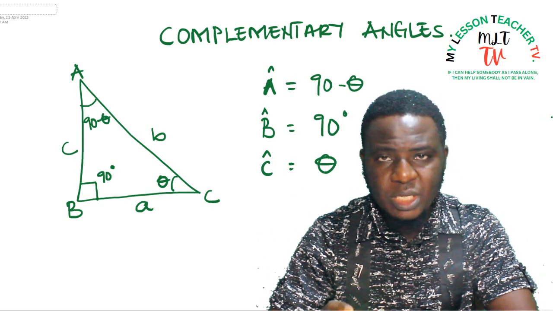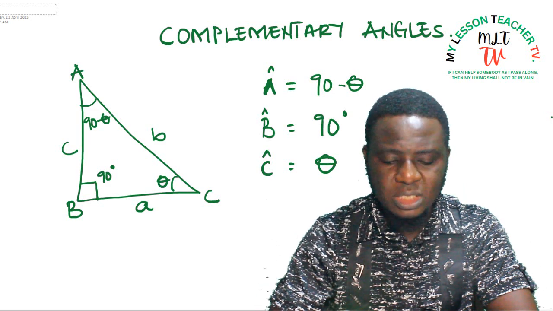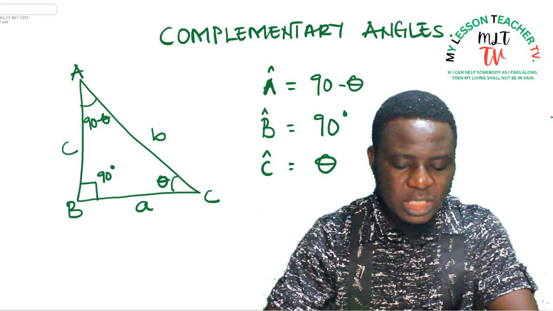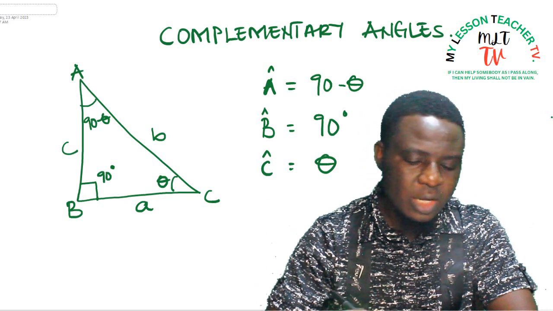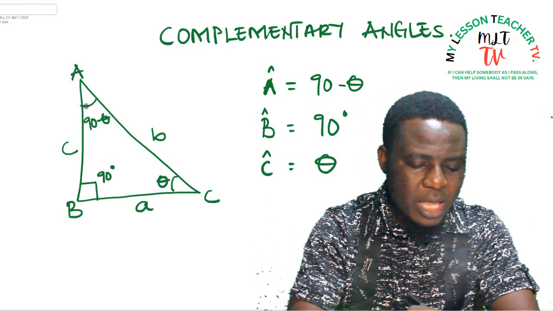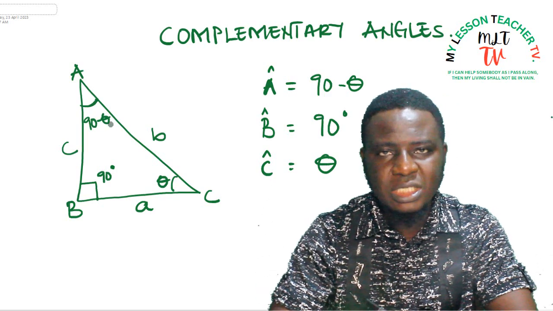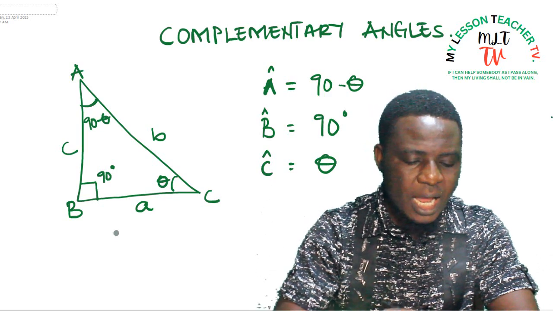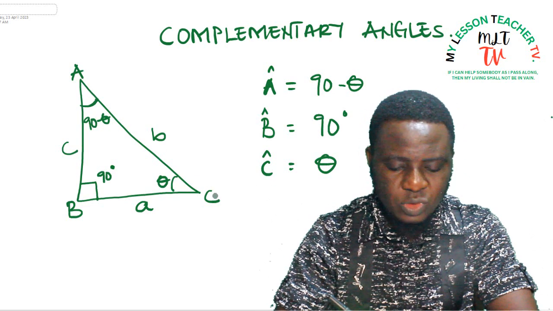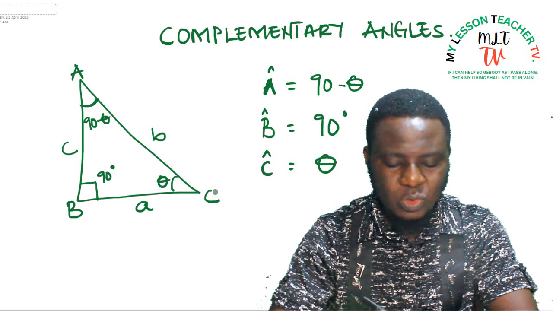And if angle B is 90 degrees and angle C is theta degrees, then automatically angle A can be written as 90 minus theta degrees. So we said angle A plus angle C is equal to 90 degrees.